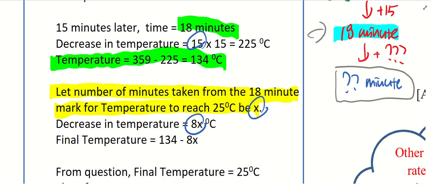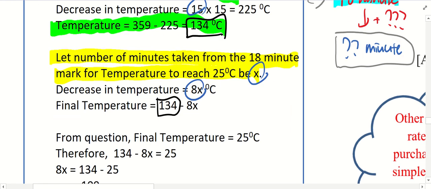So what's the final temperature? 134 minus 8x. Where do I get 134? From the previous part here, minus the drop in temperature in the x number of minutes. So after decreasing by this number of degrees Celsius, what is the final temperature?